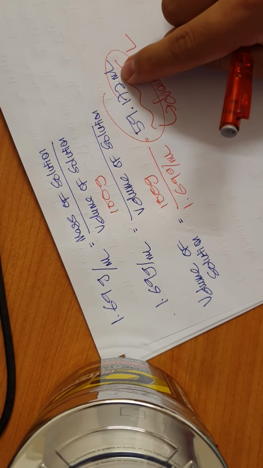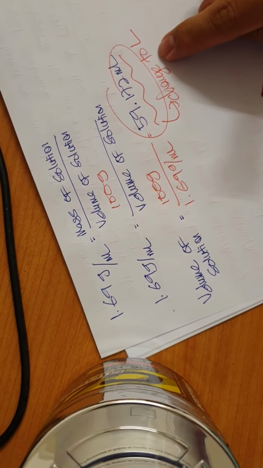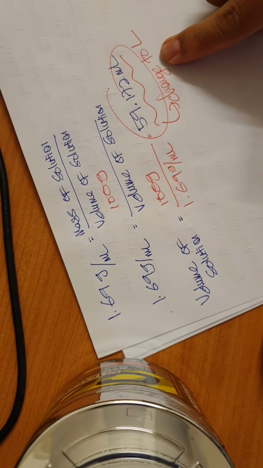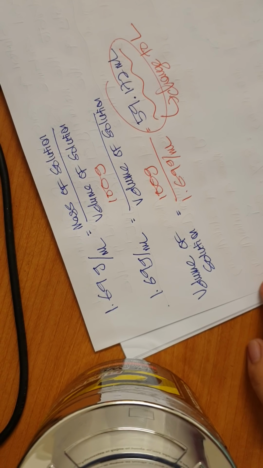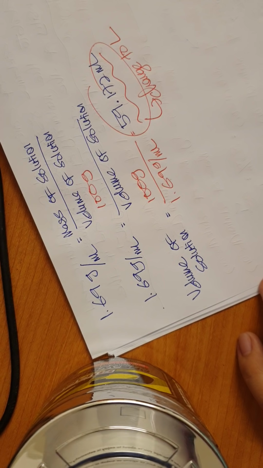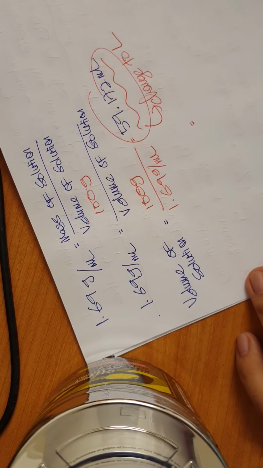Remember that, don't forget, because it's in gram per mil, and you need to change this into liter. So how are you going to change that into liter? It's super easy, okay? Jangan lah kamu tidak tahu macam mana mau tukarkan.